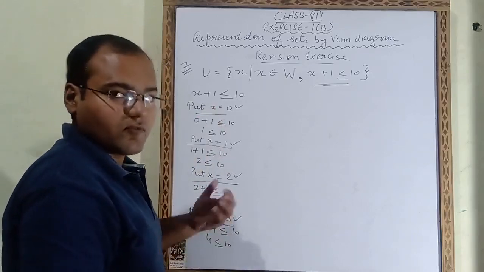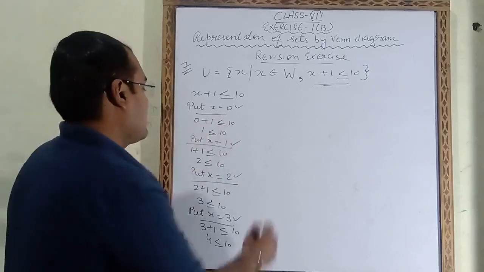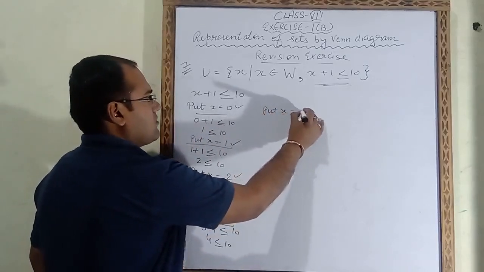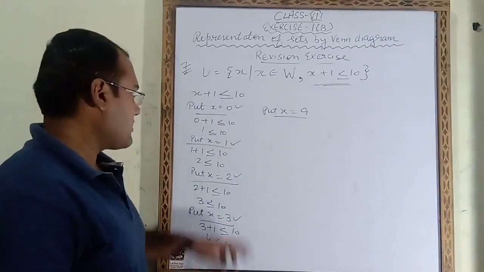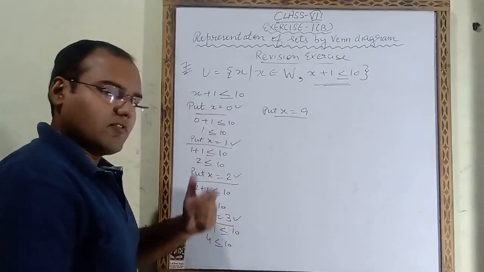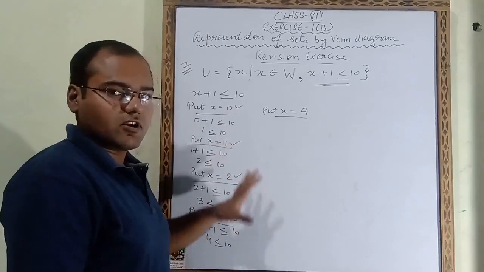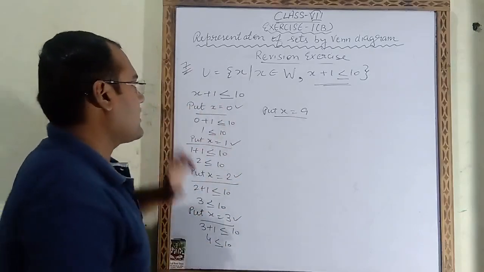After 3 we put 4, 5, 6, 7, 8, like this till the last value. First we put 0, then 1, 2, 3, 4, 5, 6, 7. All the work we have to show. The last value of X will be 9, so we put 9 here.